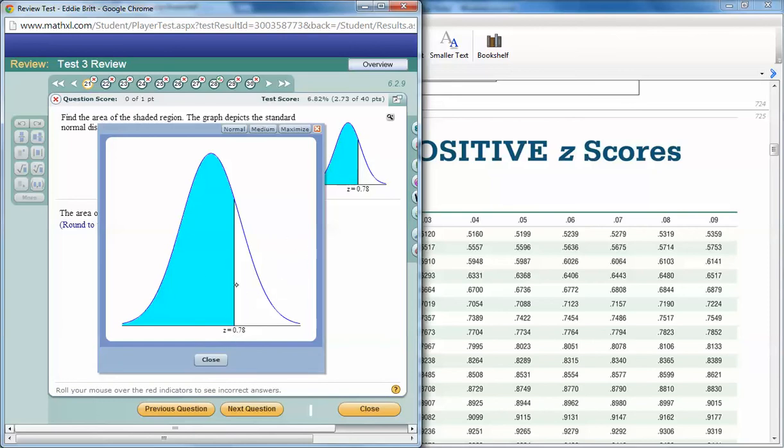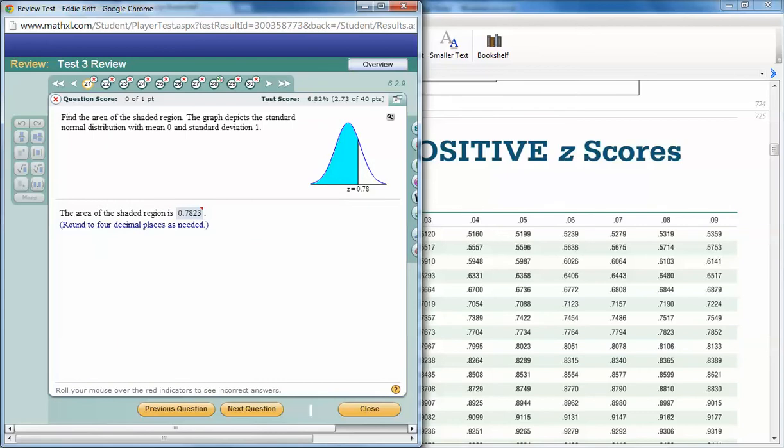So if you want area to the left or less than or up to that z, you take the value in the table. If you wanted the area to the right of a z-score, you say 1 minus the area given in the table. Let me show you what I'm talking about. And if that confuses you, don't worry, we're going to work several of these.